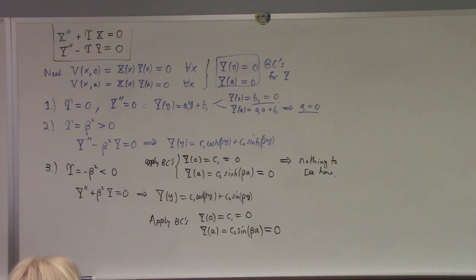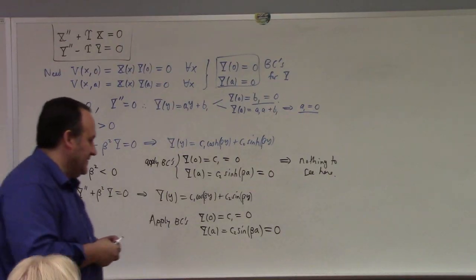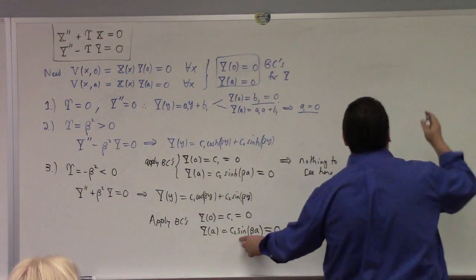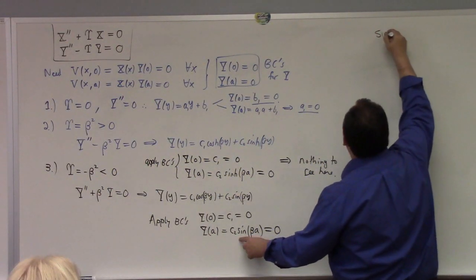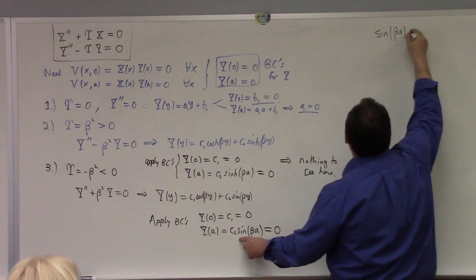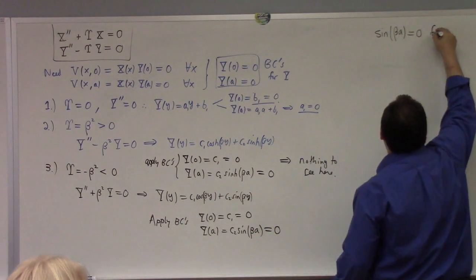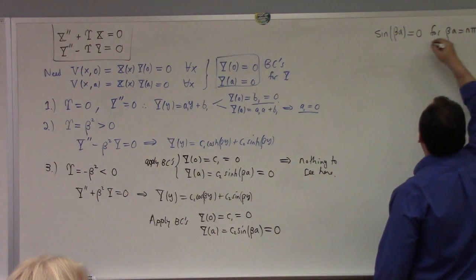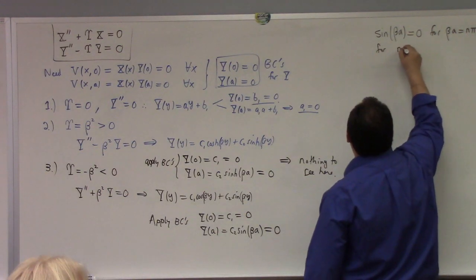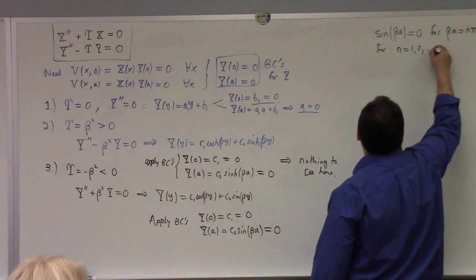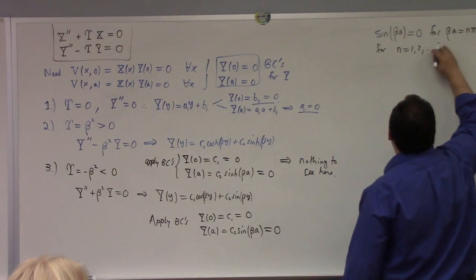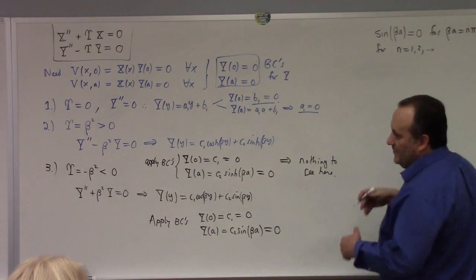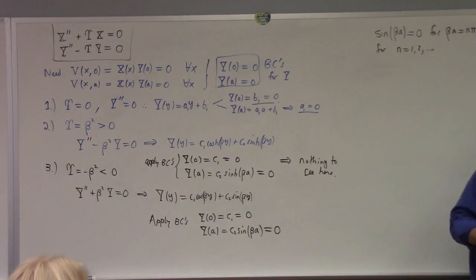Except sine is not sinh, right? Sine is not sinh, and there's a way around here. We can have sine of beta times a equal to 0 for beta a equals n pi for any integer n equal to 1, 2, and so forth. I mean, technically speaking, for any integer that works.